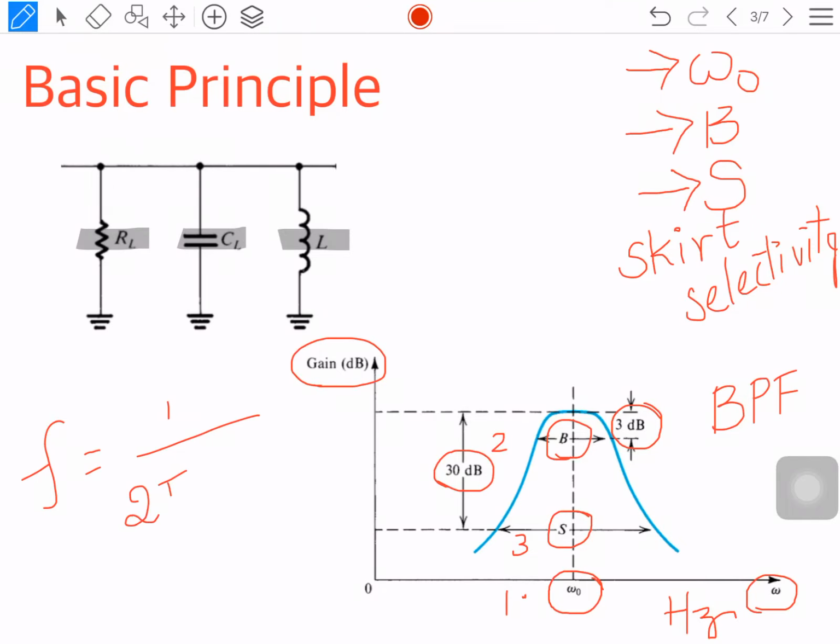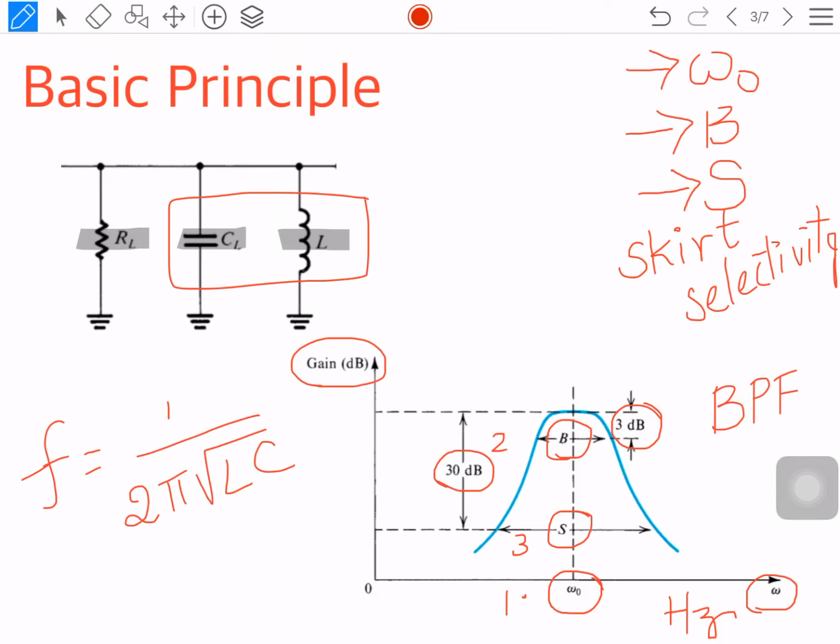In many cases, the resistance is not considered, and we have only a parallel combination of an inductor and a capacitor. This particular frequency is established by the equation f = 1/(2π√LC).